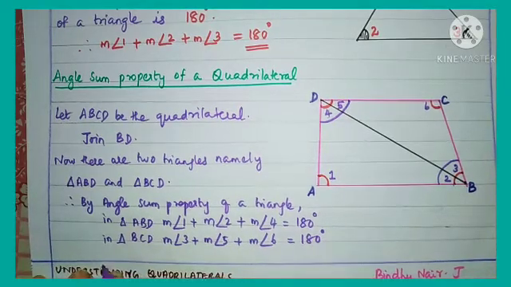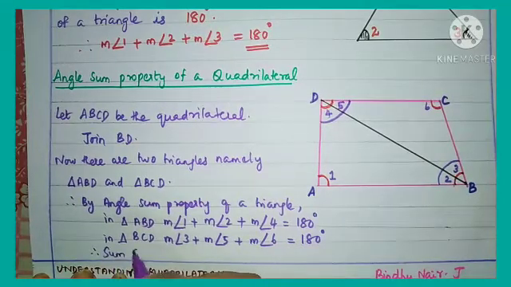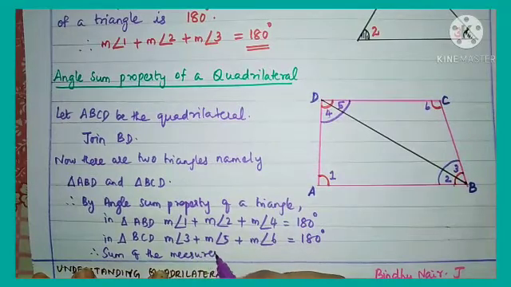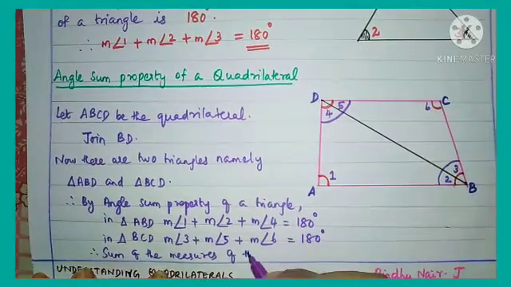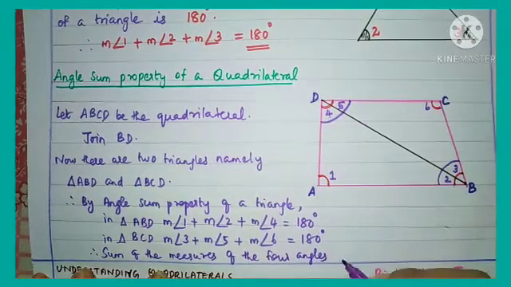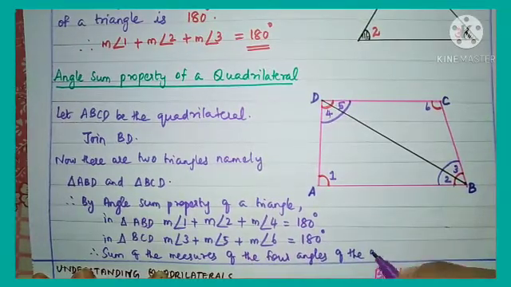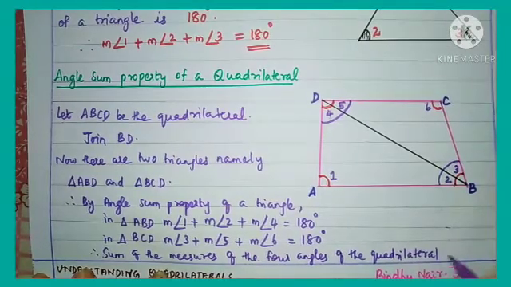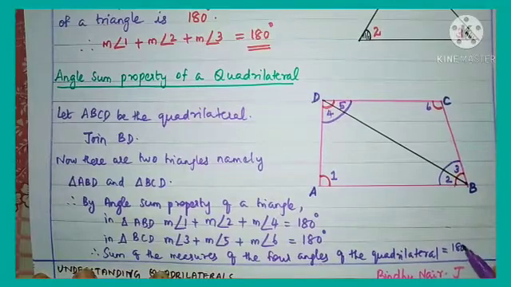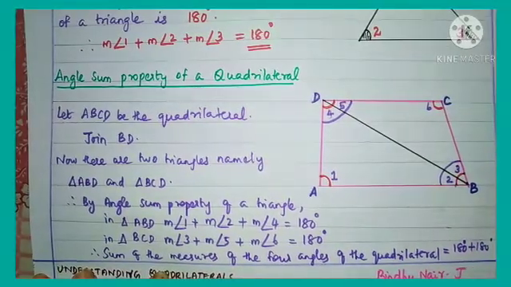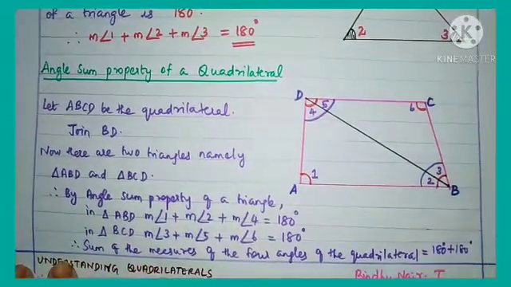Understand? So therefore, the sum of the measures of the four angles of the quadrilateral is equal to 180 plus 180. What is 180 degrees plus 180 degrees?